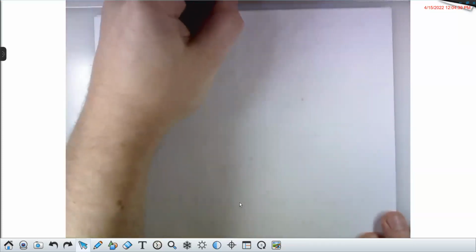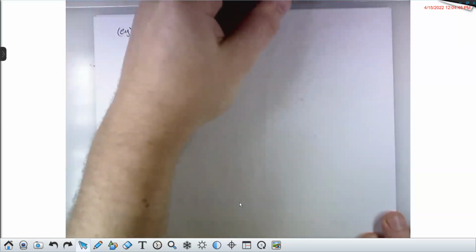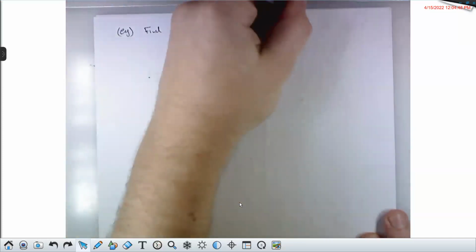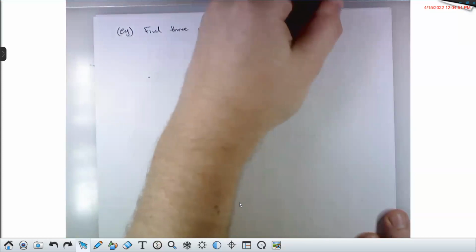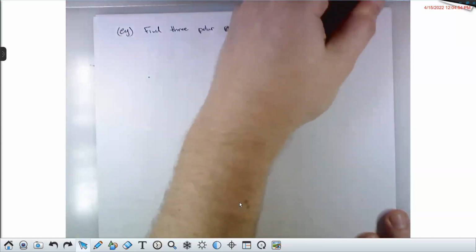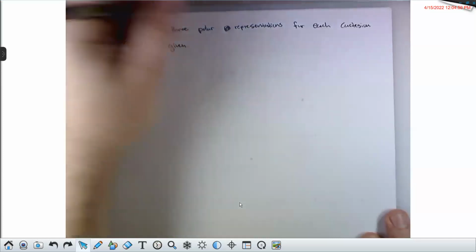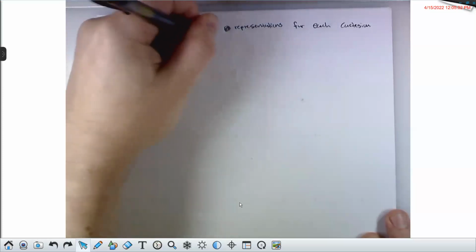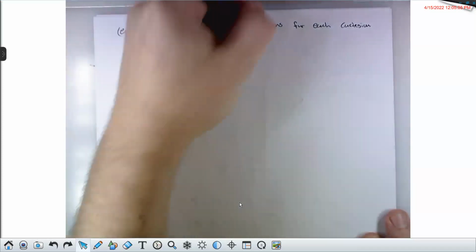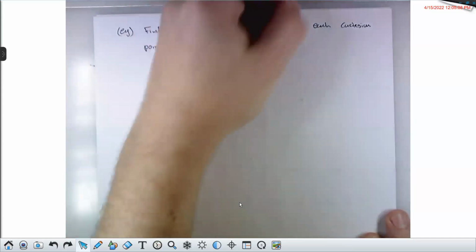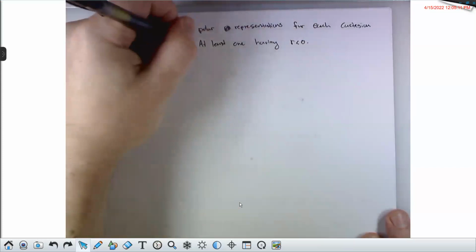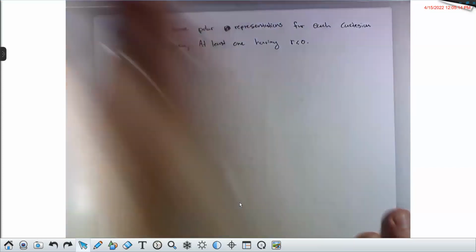So I'm going to say find 3 polar representations, three ordered pairs r comma theta, for each Cartesian point given, at least one having r less than 0.